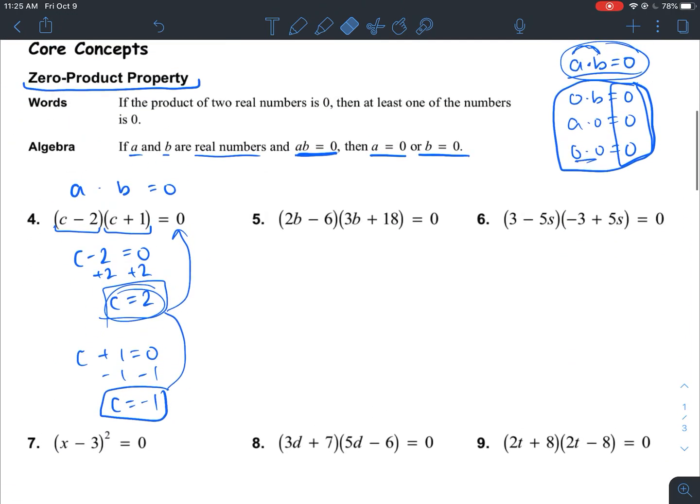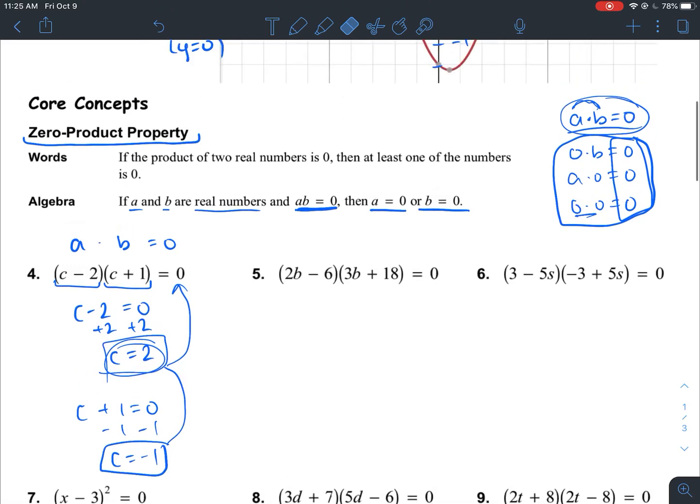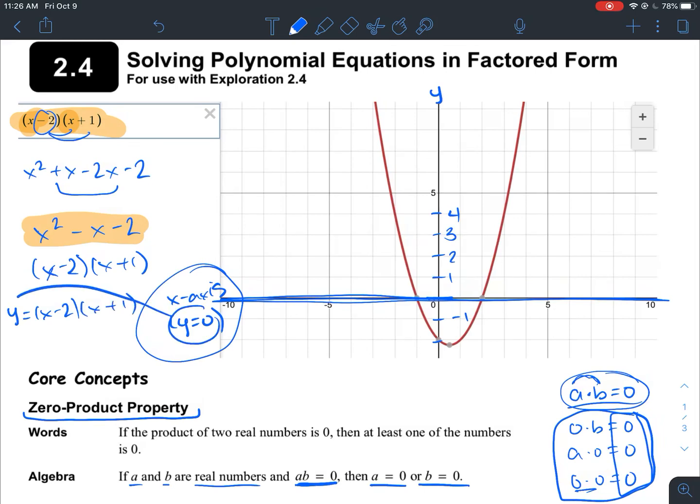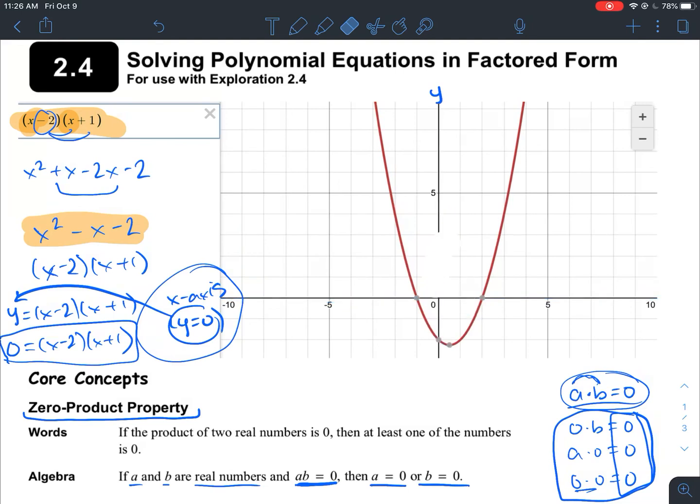And what these two solutions mean, again, remember back up here, I said that the x-axis is the same thing as y equals 0. So if I gave you this function, y equals x minus 2 times x plus 1, but now I put 0 in for y, so 0 equals x minus 2 times x plus 1, you can see that we're actually finding the x-intercepts of this equation.